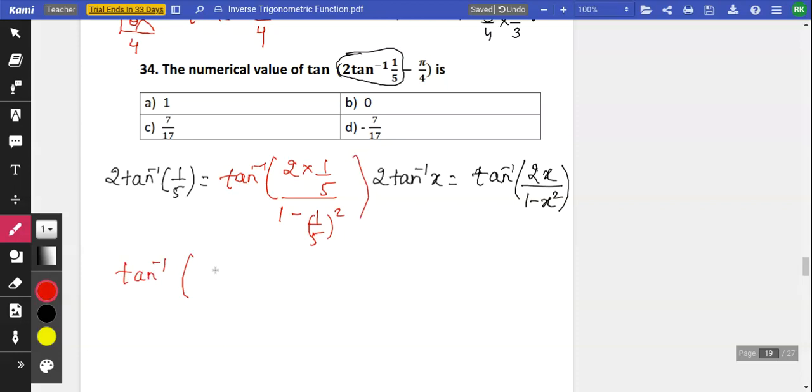Tan inverse 2 by 5 upon 24 by 25. We can write it as 2 by 5 multiplied by 25 by 24.